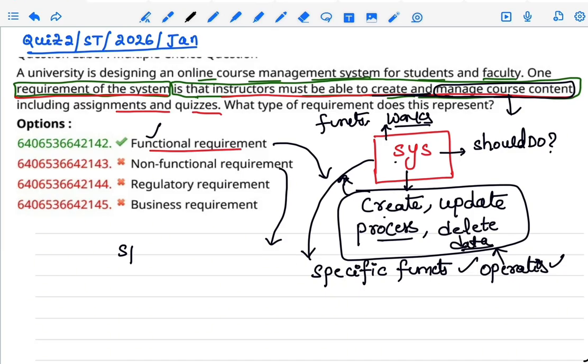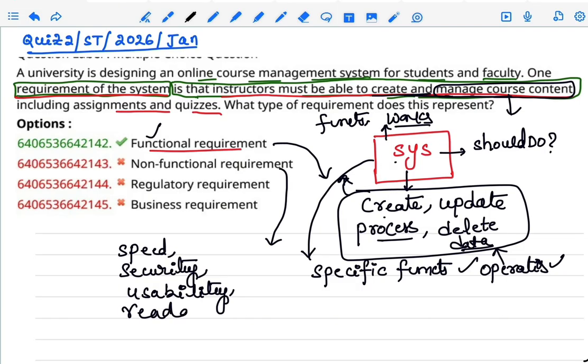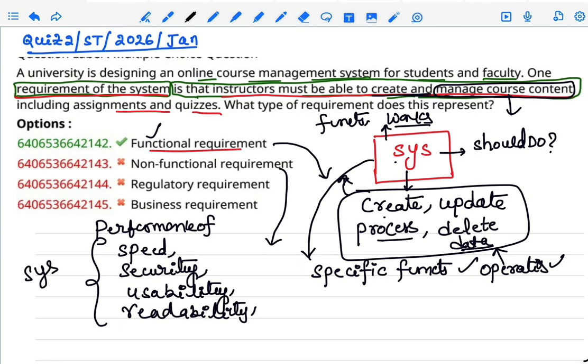That is speed and security and usability and readability, and also how the performance of the system is. All of these are related to system performance and system speed, security, usability and readability.